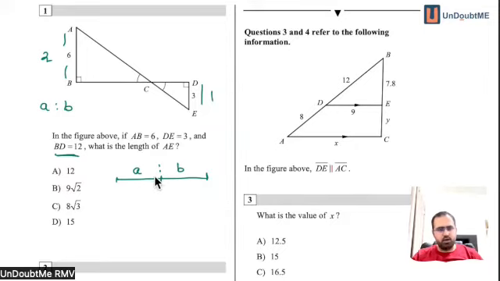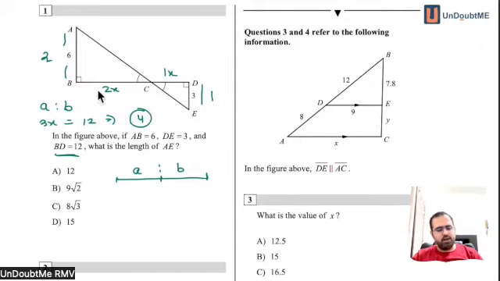So this is a 2 is to 1 ratio. I can write this as 2x and 1x, and then the overall length is 3x, and 3x will be 12.